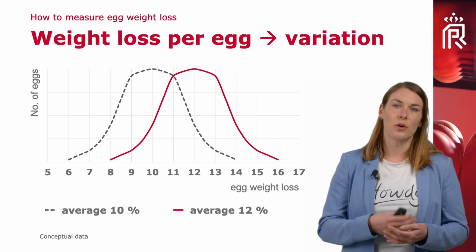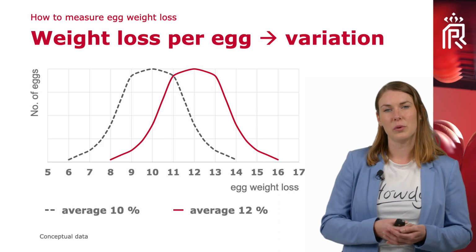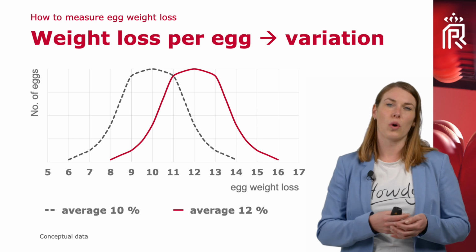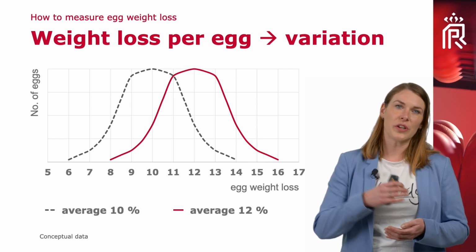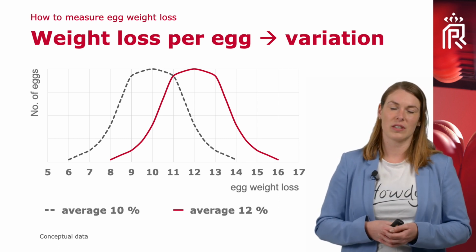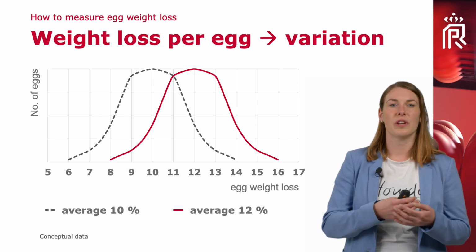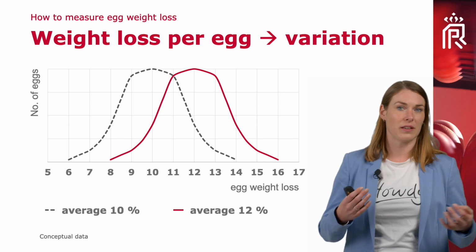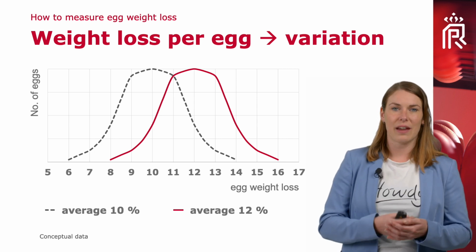Because we know this curve, we can actually move, by saying you move the average, we move the whole curve. The dotted line that we see in this graph is a weight loss with an average of 10. Be wary that there are big differences still, but the average is 10.